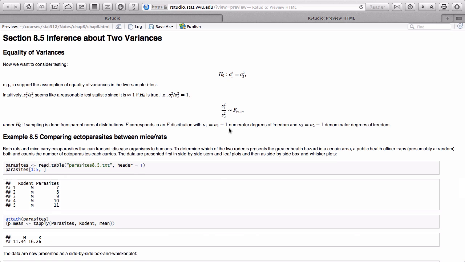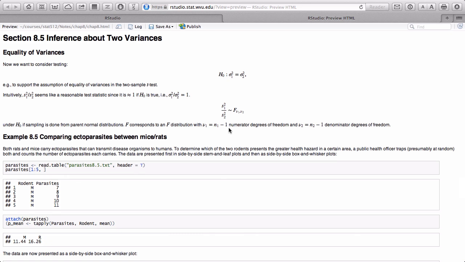In other words, if the two variances are the same, saying sigma 1 squared equals sigma 2 squared is equivalent to saying what? Sigma 1 squared over sigma 2 squared is equal to 1. Divide both sides by sigma 2 squared, and you'll see that the null hypothesis is really saying sigma 1 squared over sigma 2 squared is equal to 1. So I'm going to use as my test statistic S1 squared, the sample estimate of sigma 1 squared, over S2 squared: the ratio of the sample variances.